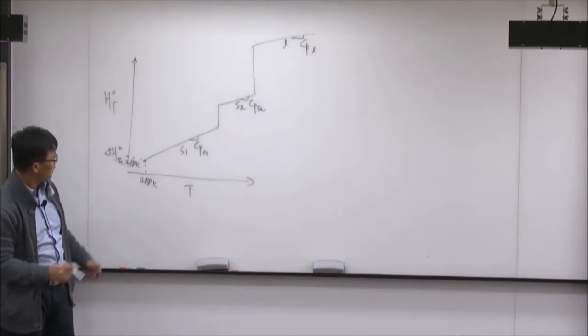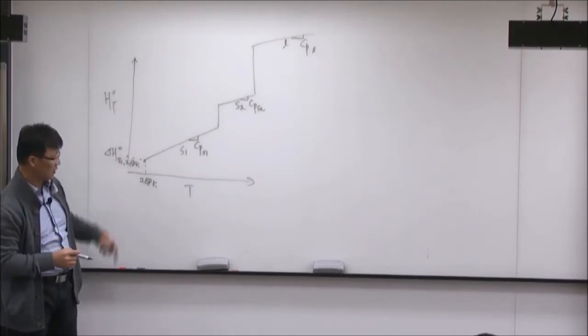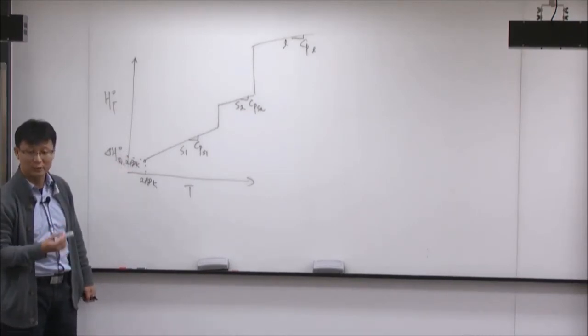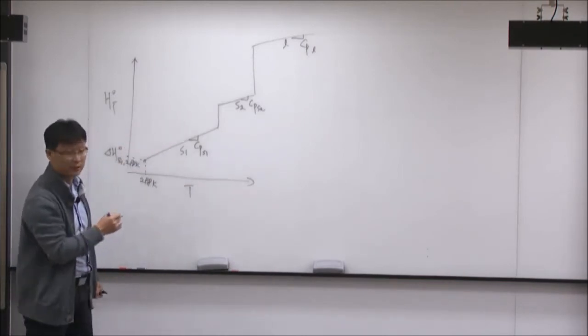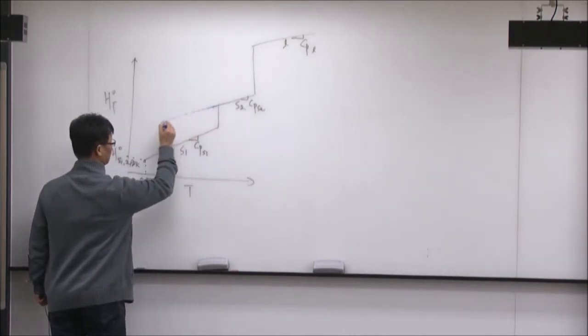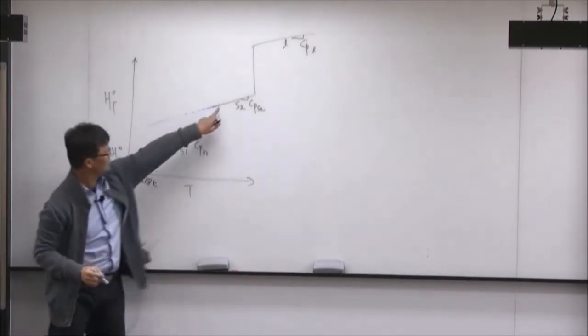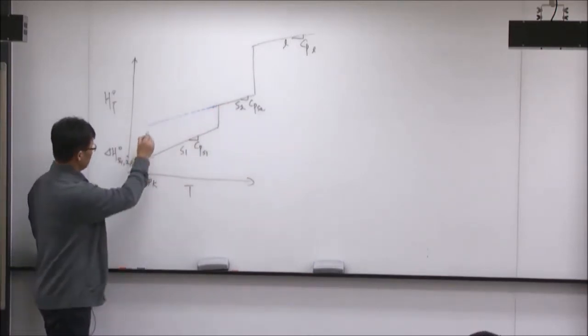Even though I don't know exactly the standard enthalpy of solid 2 at 298 Kelvin, from the enthalpy curve here I can make an extrapolation of H as a function of temperature, and then I have this.